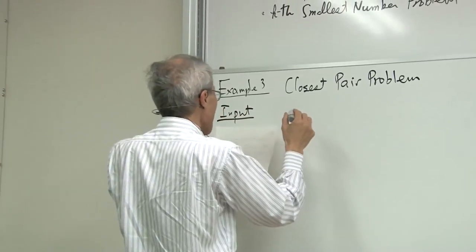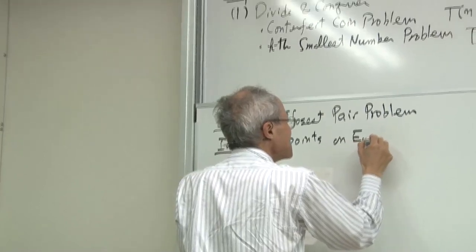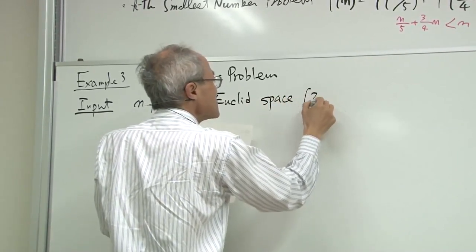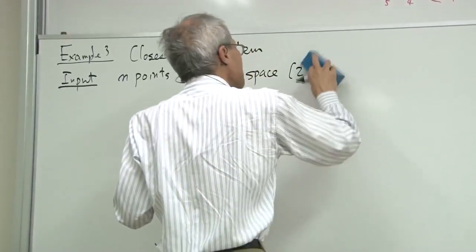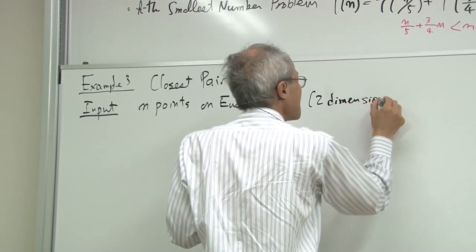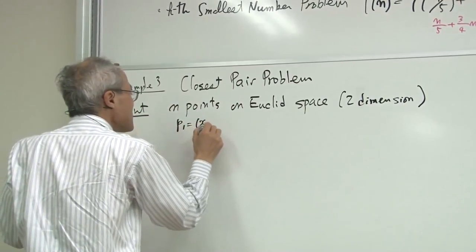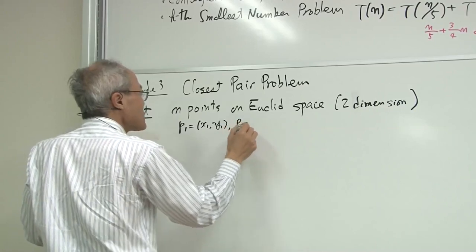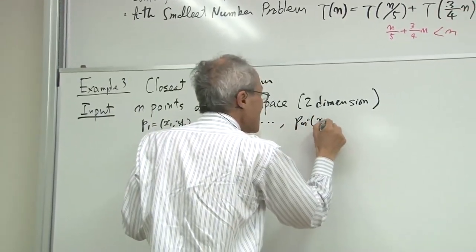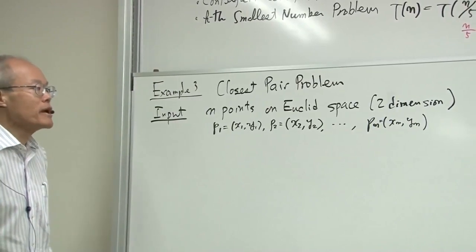Our input is n points over two-dimensional Euclidean space.